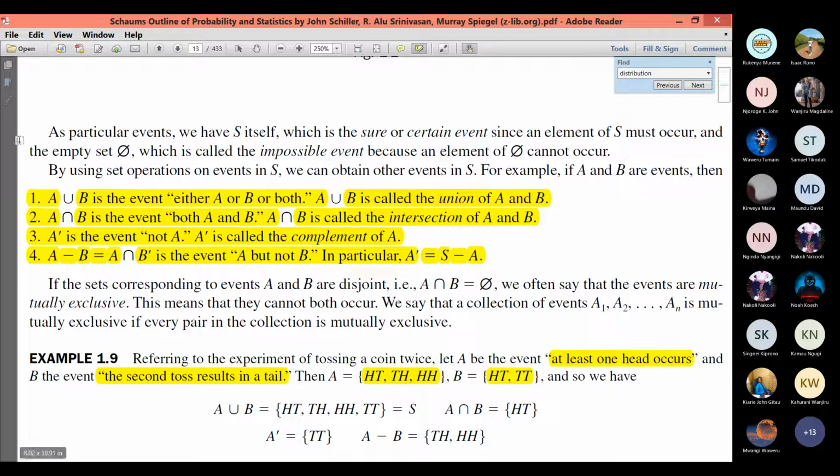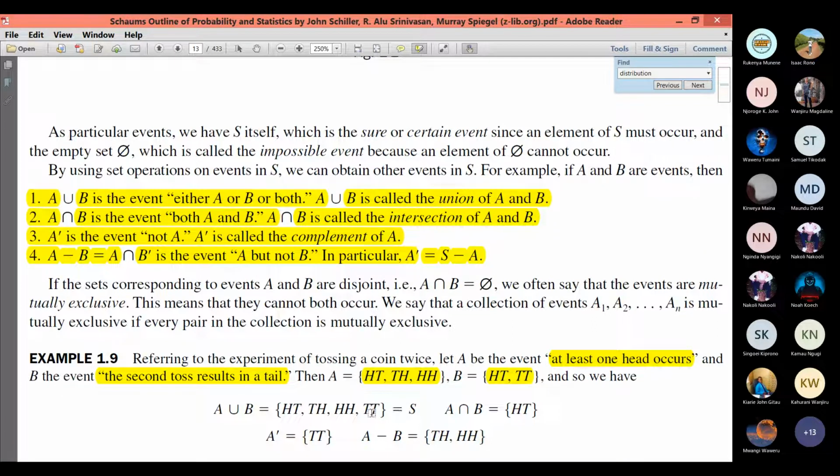Now, if we play with the unions, the intersection, and everything, A union B is a combination of what you have here for A and what you have for B. And remember, you don't repeat elements. So since these 2 sets are not the same, you can combine all of them. HT, TH, HH for A. Where is HT?